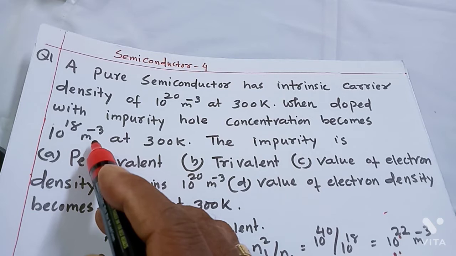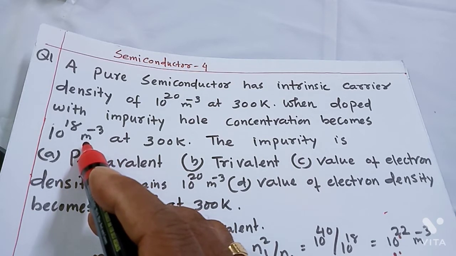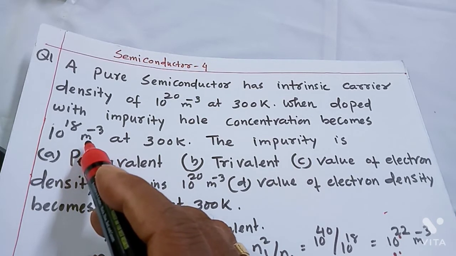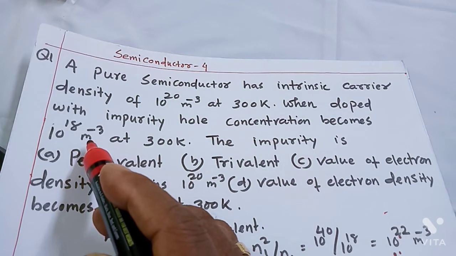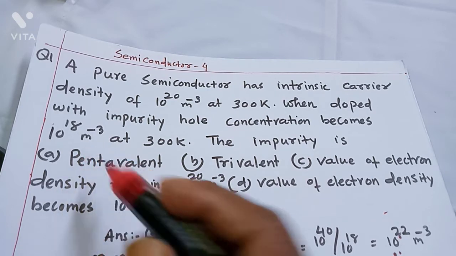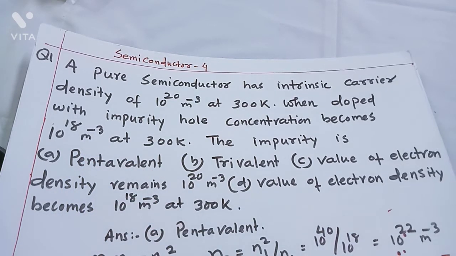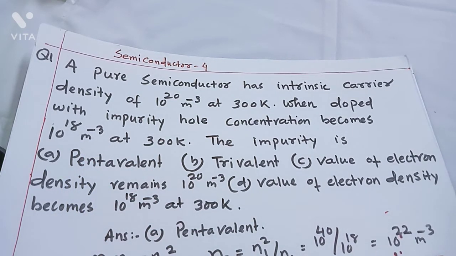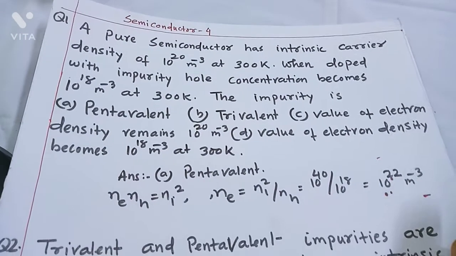Since the hole concentration falls, the electron concentration must go up. As a result, electrons constitute the majority carriers, the impurity is pentavalent, and the material so formed is N-type semiconductor.